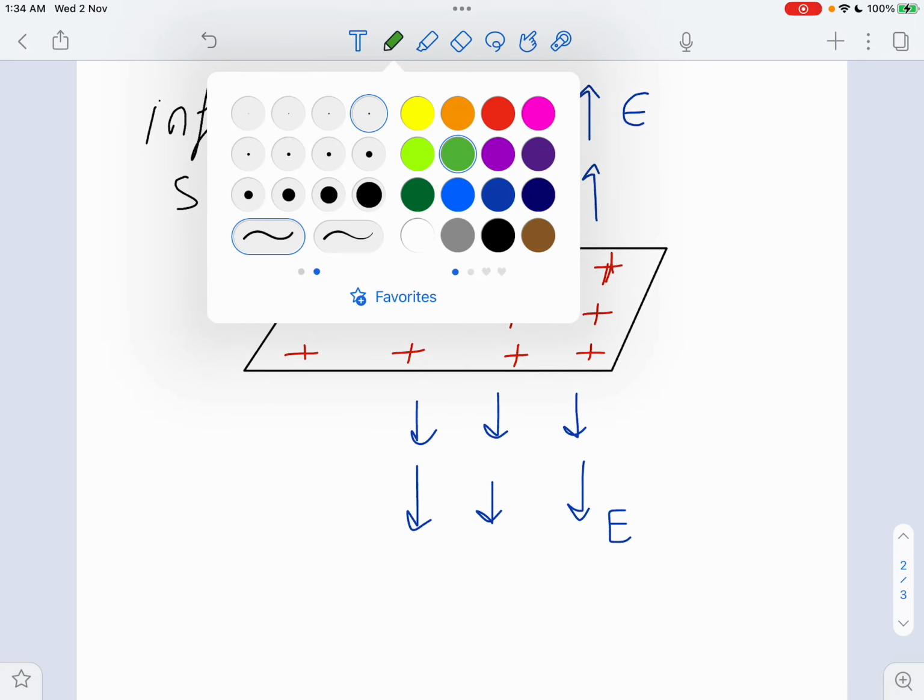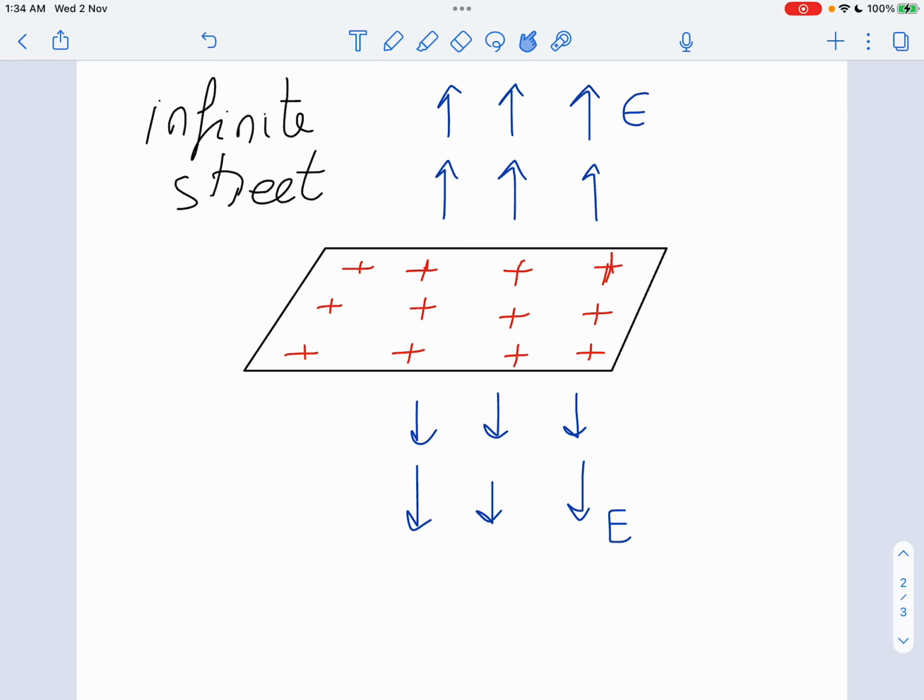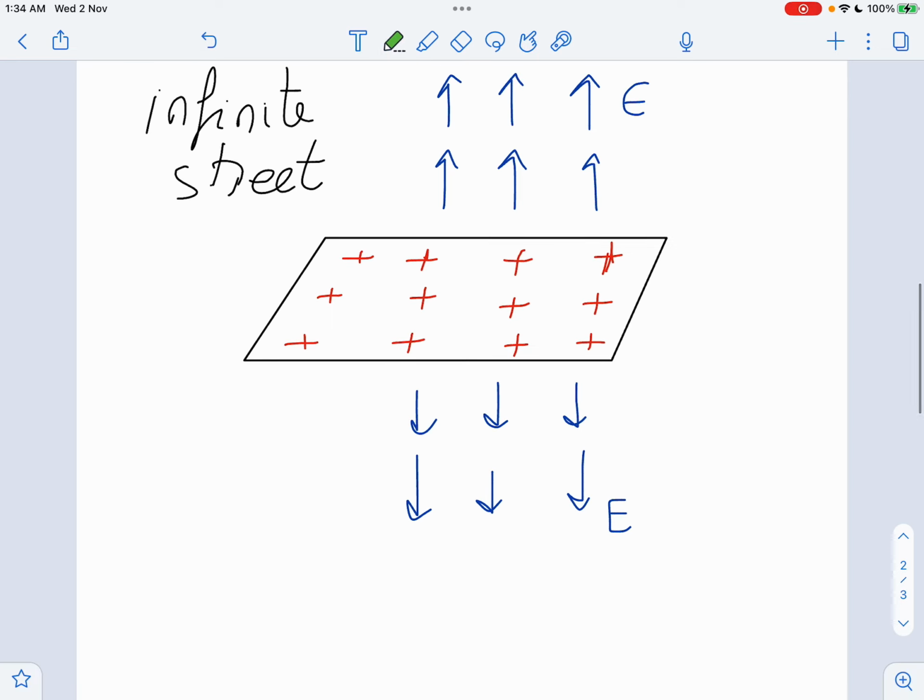And in that case, I want to choose a Gaussian surface where I can take the electric field outside the integral. So the best choice will be simply a cylindrical Gaussian surface.